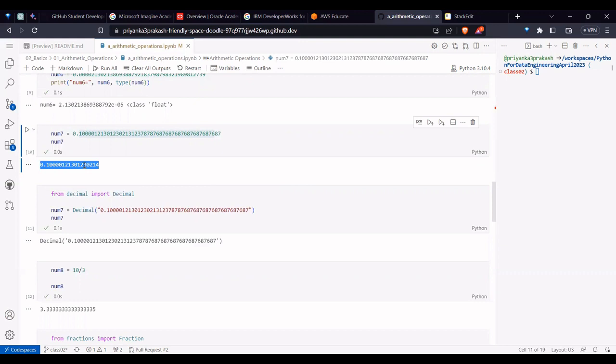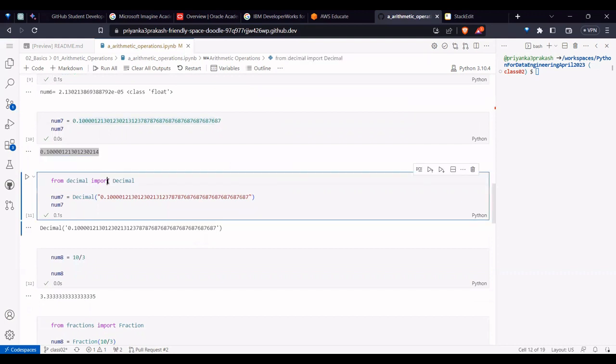If you want to retain decimals beyond 16 digits, generally you don't need that in your work. But if you go for scientific computations, then you need it. In those cases, you can rely on a module called decimal. In Python, there are multiple modules, so with practice you will understand which module to use for what purpose. This is a kind of selective import.